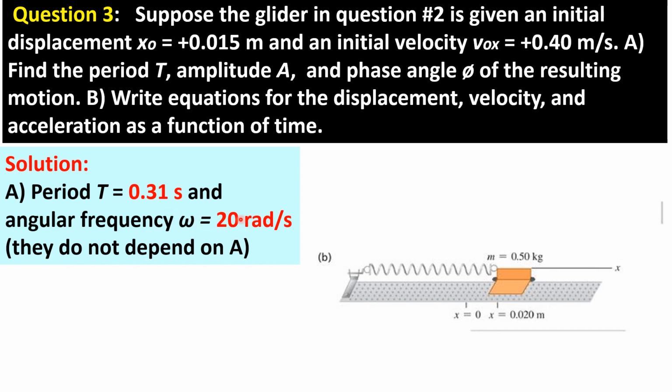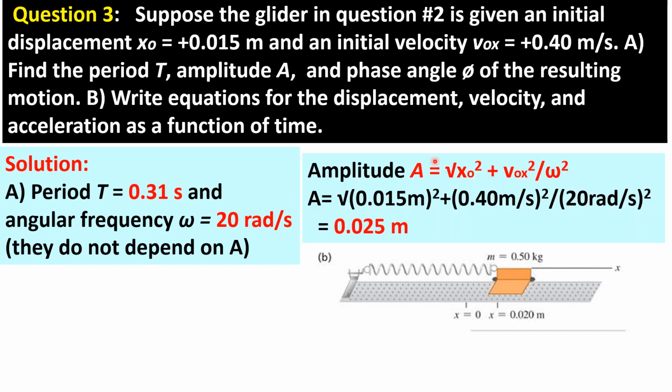So how do we determine the amplitude A? Using the formula A equals the square root of x naught squared plus v naught x squared divided by omega squared.